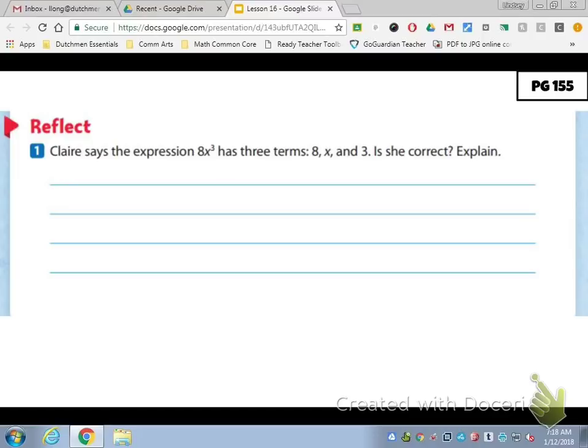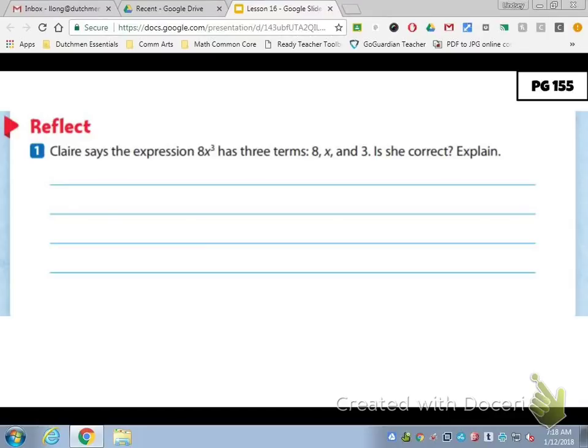So let's reflect on this. It says, Claire says the expression 8x cubed has 3 terms, 8, x, and 3. Is she correct? And explain. So if you look back up at the top, a term is a known number, a variable, or the product of a known number and variable. So would that be 3 terms?